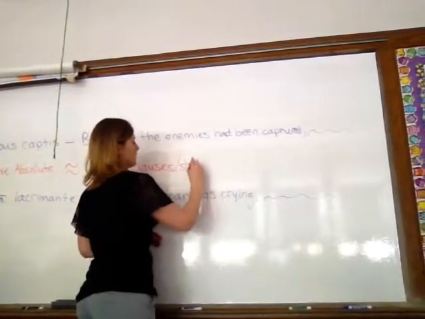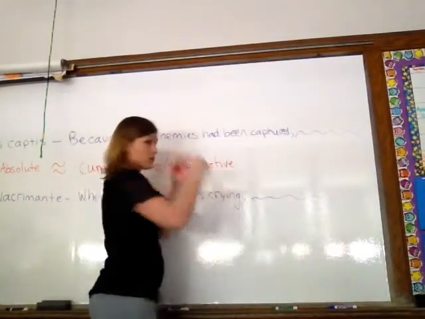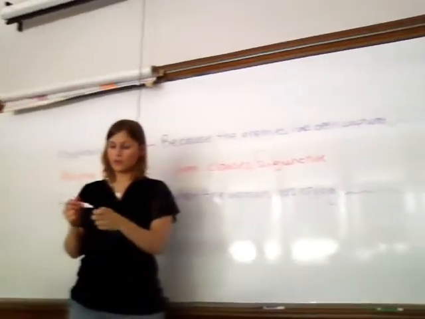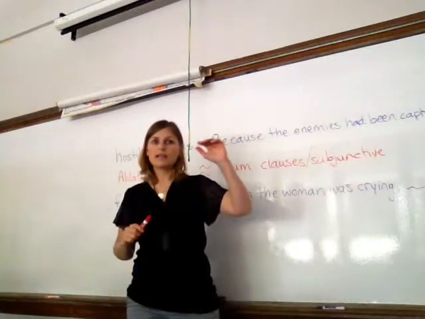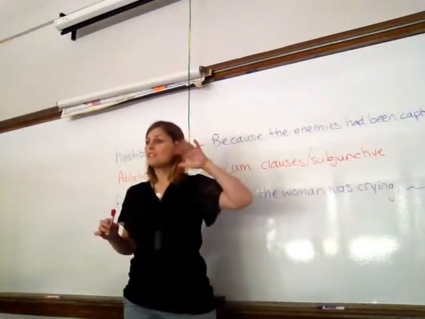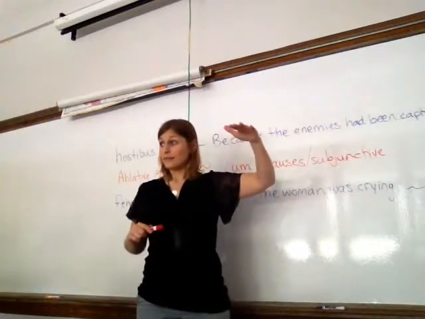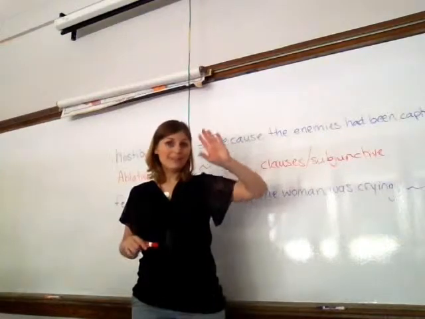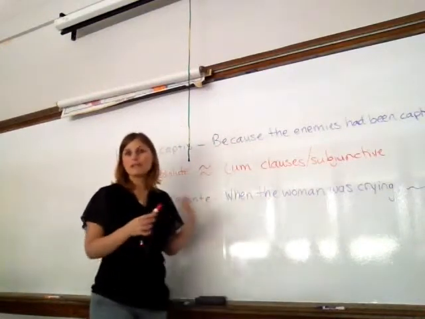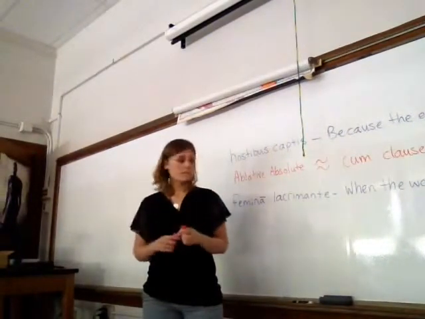Subjunctive. I'm just going to put subjunctive in there so that you remember what family of clause we're talking about. So here you are at the beginning of the pinnacle of your Latin experience where you can say the same sentence in two very different ways. This is exciting, and yet it is a bit of a burden to bear, right? That you now have lots of different ways of doing the same thing that you also have to keep track of at the end of the day.